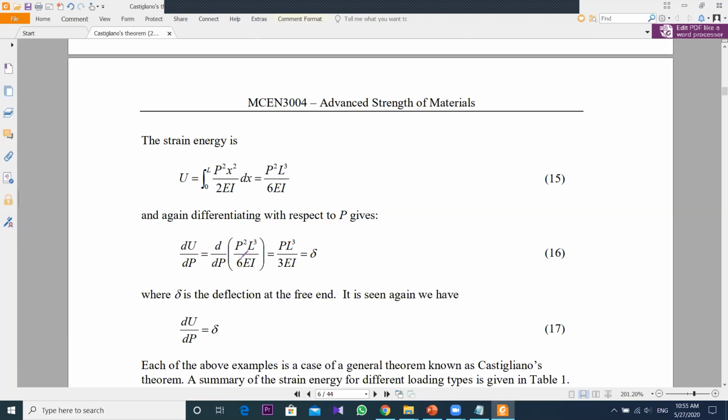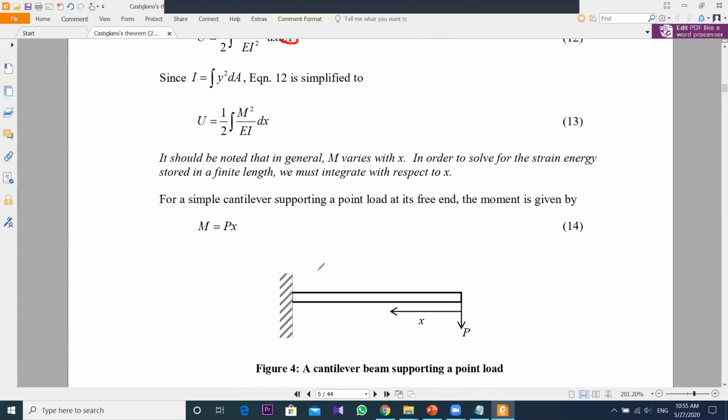From 6, it will be 2 times 3, so 3 will remain. So this is the thing. This equation equal to delta, if you remember earlier we discussed.